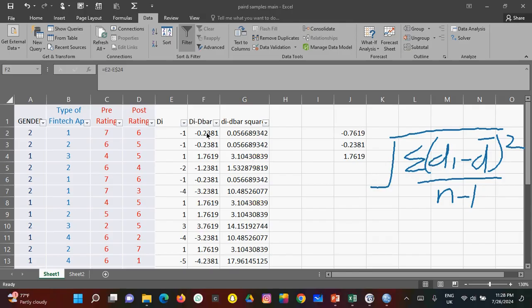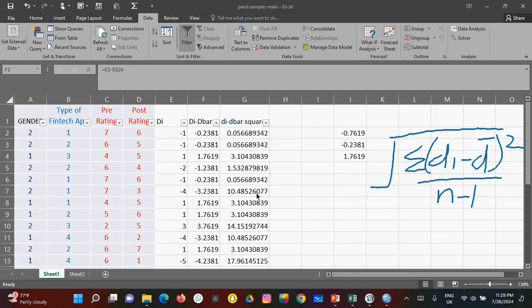After getting all these differences, we are going to sum and square them: this one squared plus this one squared plus this one squared.